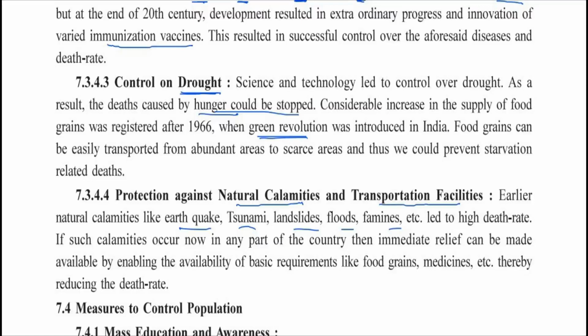So food grains and medicines can easily be supplied to calamity-hit areas, and the death rate can be reduced significantly. And so these are the different causes of low death rate in India.